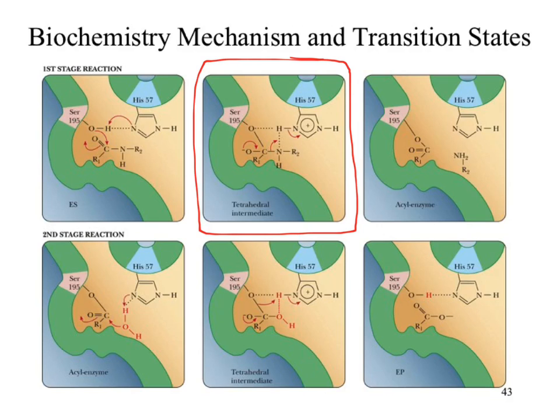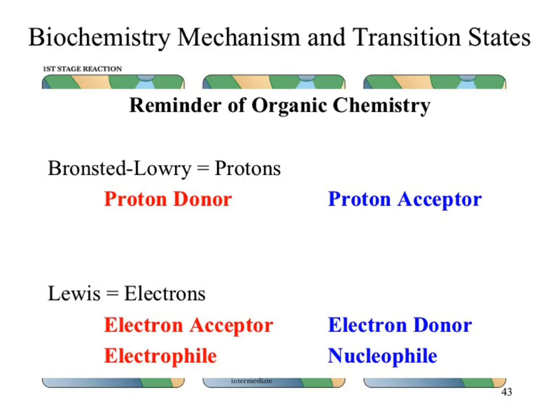So what I expect you to use are your Bronsted-Lowry definitions, and if it's not a Bronsted-Lowry acid and base, it's a nucleophile or electrophile. What is that key difference? Hydrogen. Bronsted-Lowry looks at the transfer of a hydrogen ion. Electrophile, nucleophile, anything other than hydrogen.